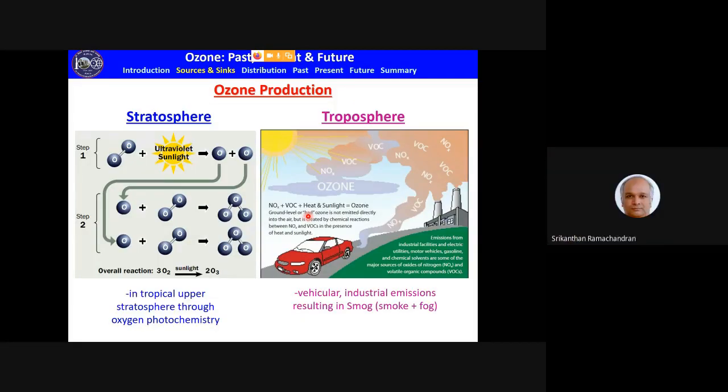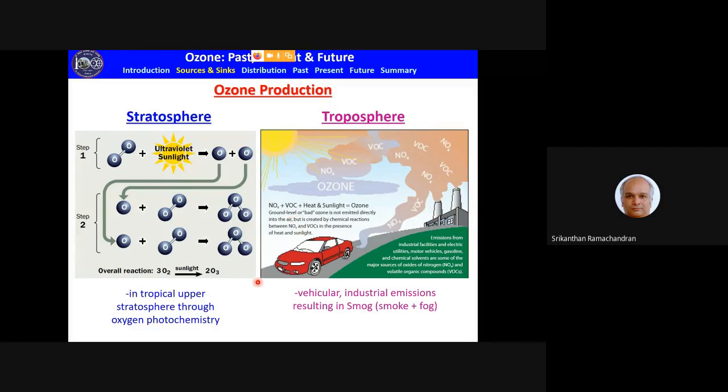In the stratosphere, as we saw before, ozone is called good ozone, and tropospheric ozone is bad ozone. In the stratosphere, it is formed by oxygen photochemistry, while in the troposphere, for example, it results from vehicular and industrial emissions that cause smoky or foggy conditions.